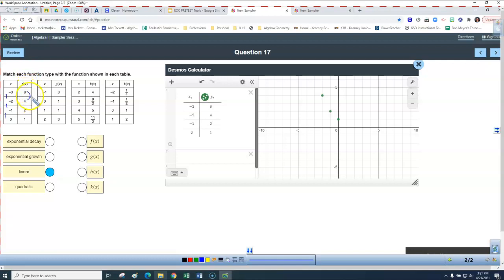So 8 and 4, you're actually subtracting 4. All right, then you're going to find out the difference between 4 and 2. You're subtracting 2. Then you're going to find out the difference between 2 and 1. You're actually subtracting 1.